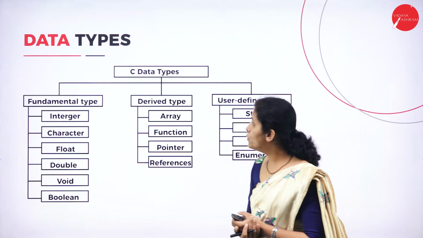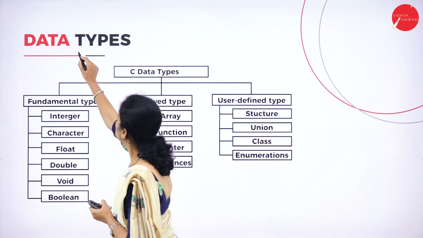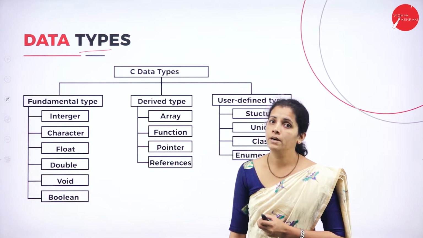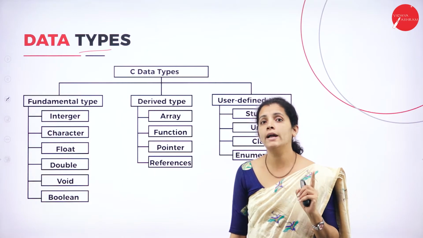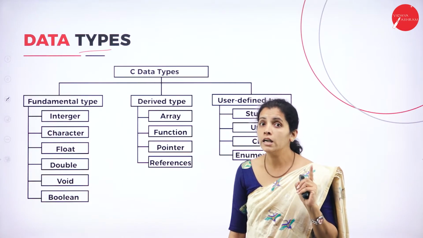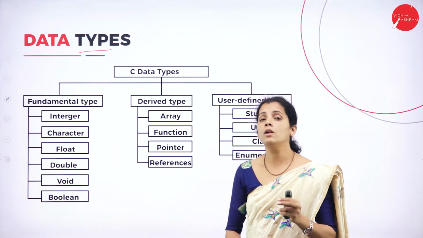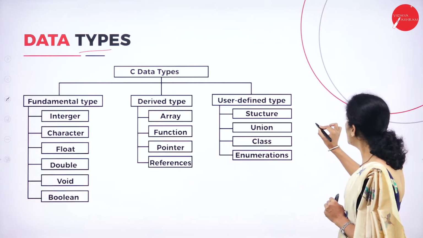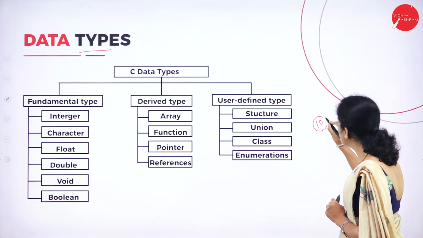Dear student, moving on to the next topic, that is data type. So what is this data type? Data types are used to identify a particular data item or a particular kind of item. For example, if I am having 10, then what is this 10?